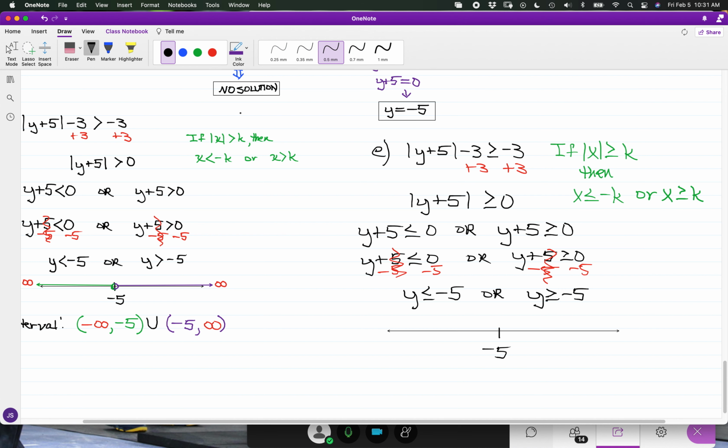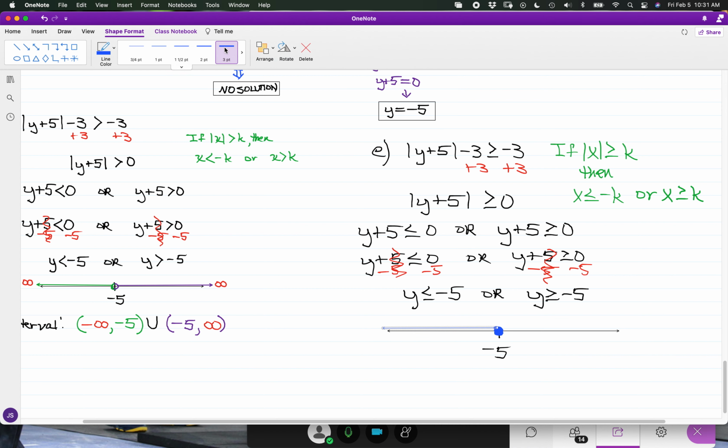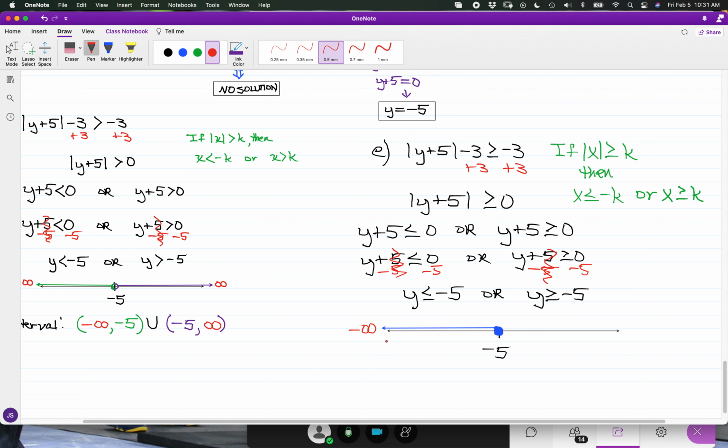Alright, so for y is less than or equal to -5, the equal sign signals that we're going to have a closed point on -5, and once again there will be a ray that's going to go continuously to the left, approaching -infinity.